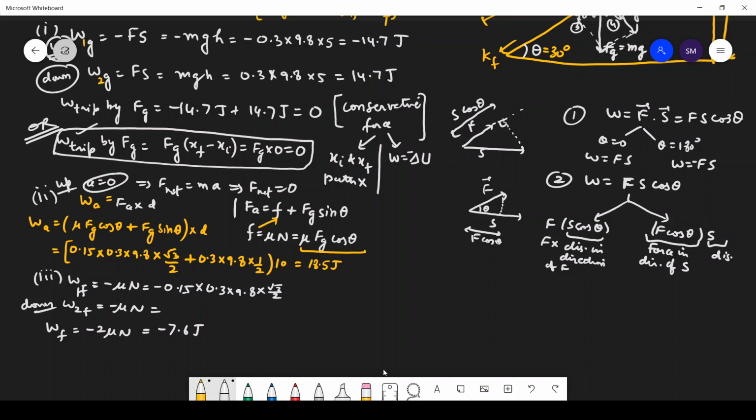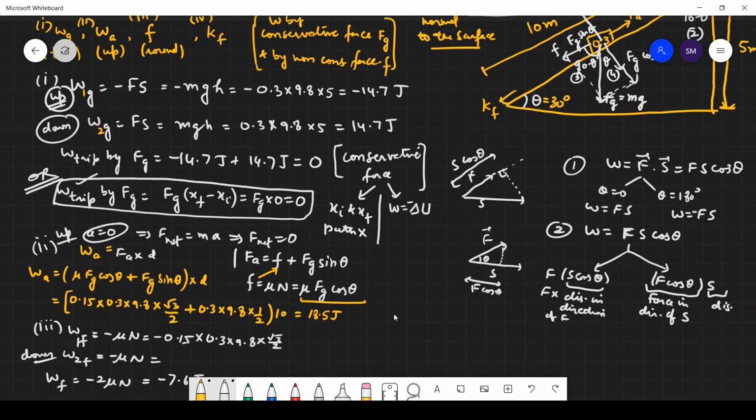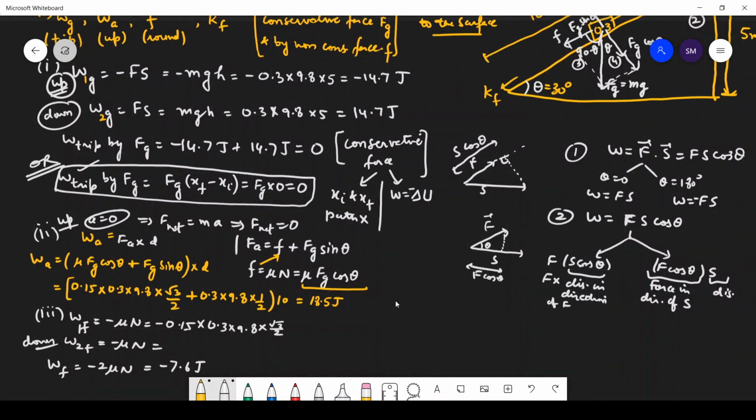Now students, the point is that I was discussing with you conservative and non-conservative force. So for the conservative force, here you directly use the displacement as 0 and you can directly calculate the work as 0. But that's not the case with the frictional force. So frictional force depends on path. Okay, so it is a non-conservative force.